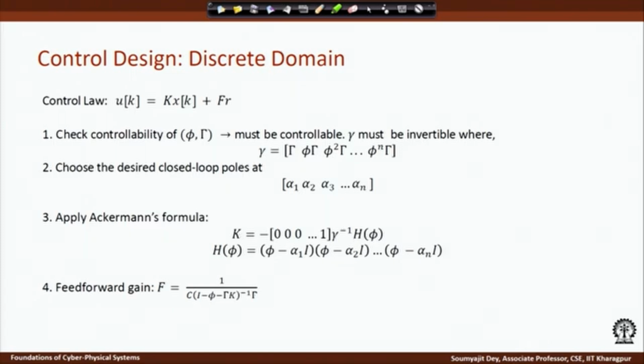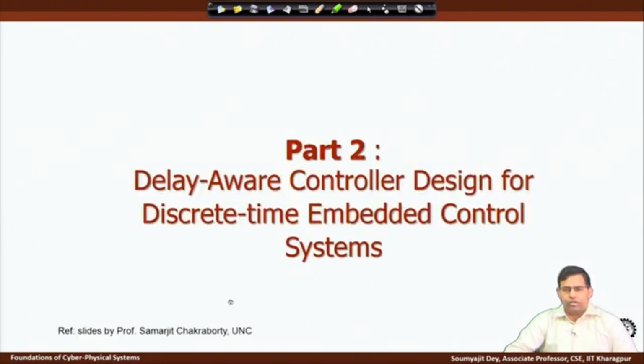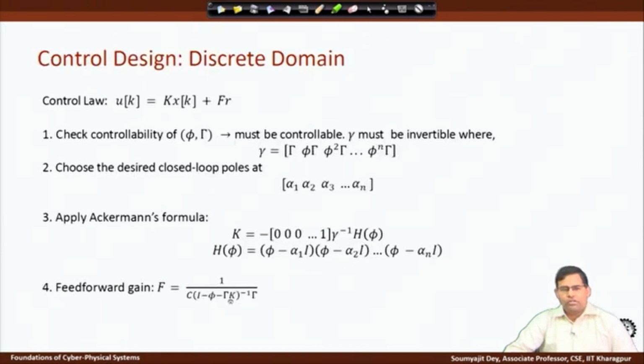But note that we are doing it all for the discrete domain plant model. Then you apply Ackermann's formula and the feed forward gain formula, and you have the controller design. So, it all remains the same, and all you are doing is doing it on the discretized plant model. So, you just get a controller for the discretized plant model.